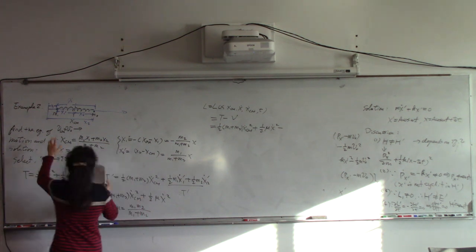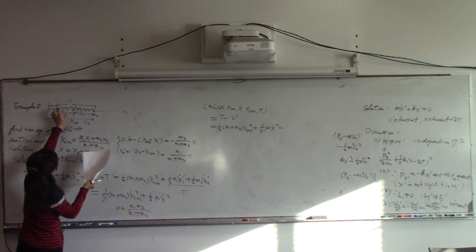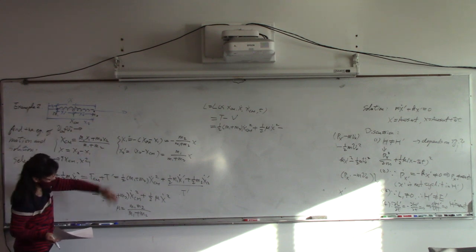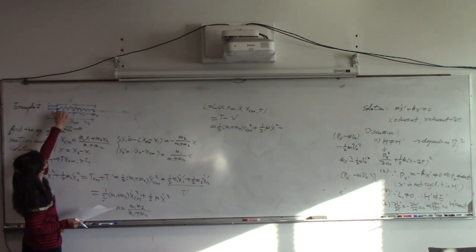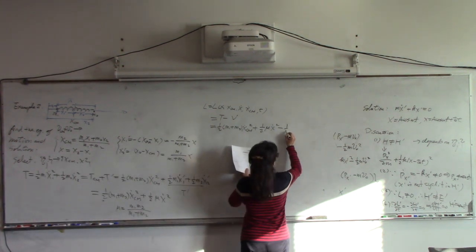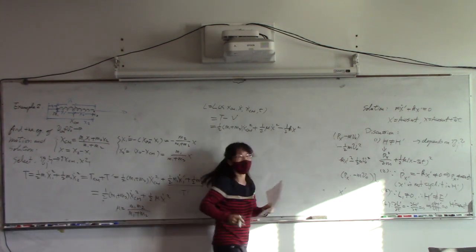So the potential is only the relative one, since this moves around horizontally, we ignore the gravitational potential, only the potential of the spring. And that is half of k x squared, right?